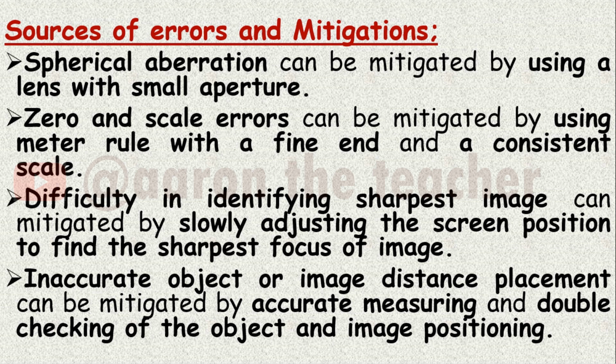And also double check again when the image is formed, is it the actual position that you are measuring, before you read them off. That is how the sources of errors were and how we could mitigate them. These are not the only ones, there are as many as possible, but we've managed to write these.